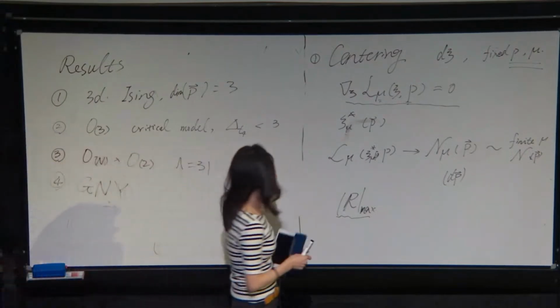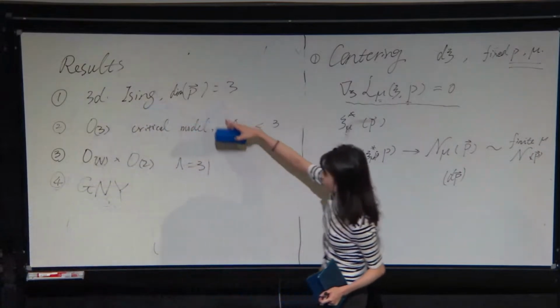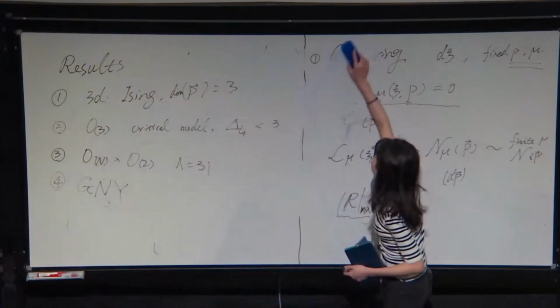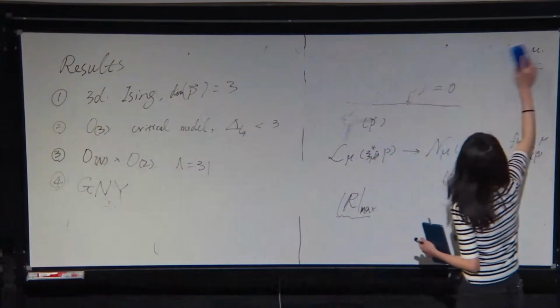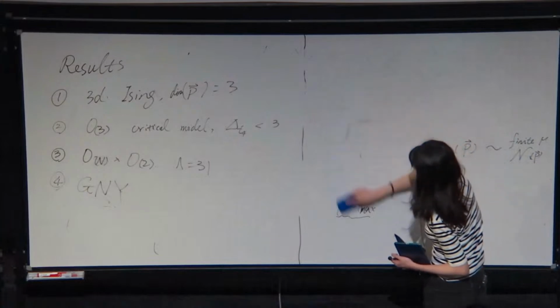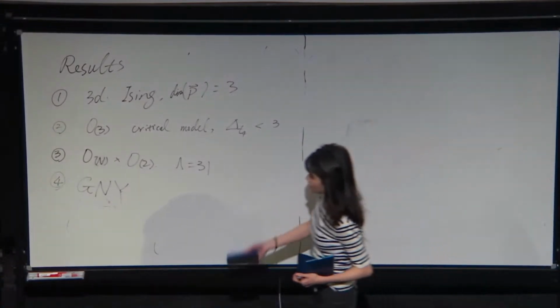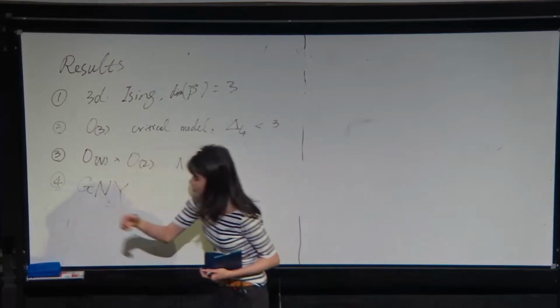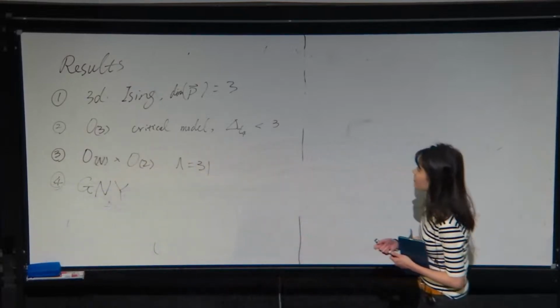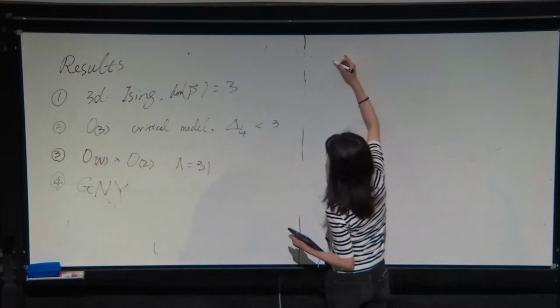Okay, so now I'll briefly discuss our results, starting with the Ising model. First, let's take a look at the performance, complexity, and computational resources required.